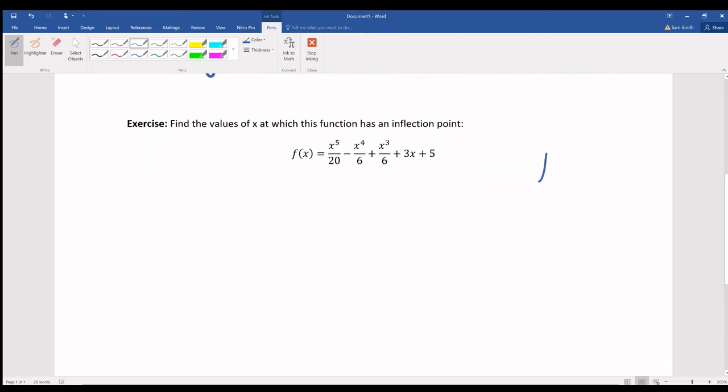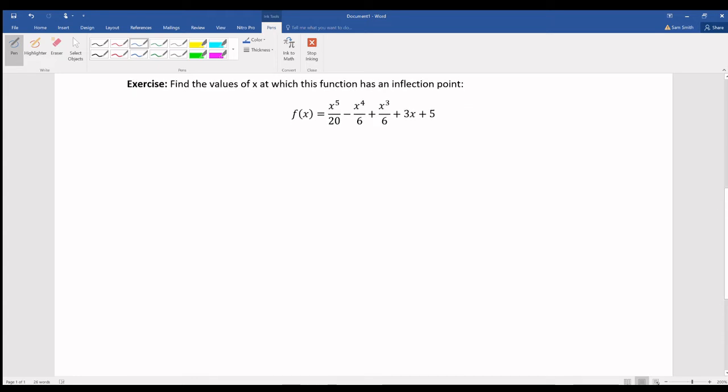So let us take this function, let's find its second derivative, and let's investigate the points where that second derivative is 0. So finding an inflection point is almost like finding a critical point, except critical points deal with the first derivative and inflection points deal with the second derivative.